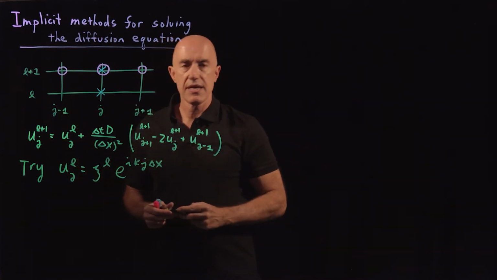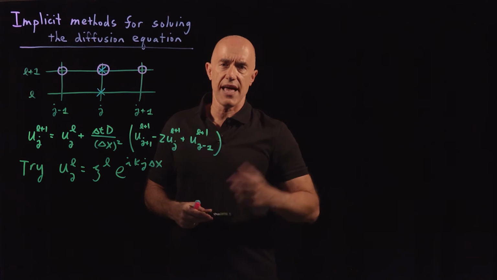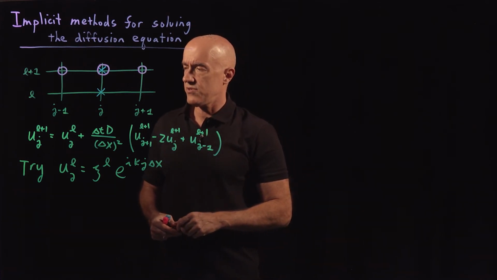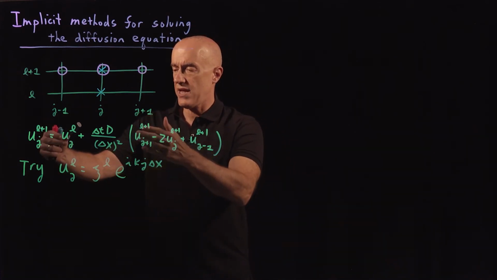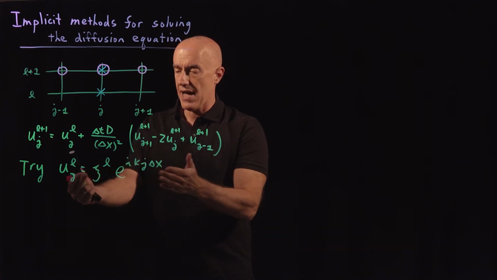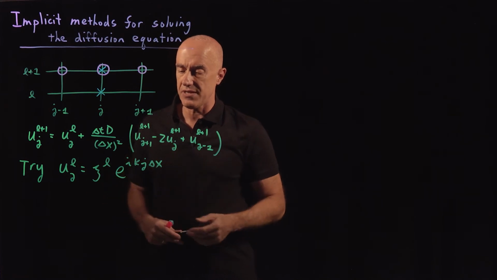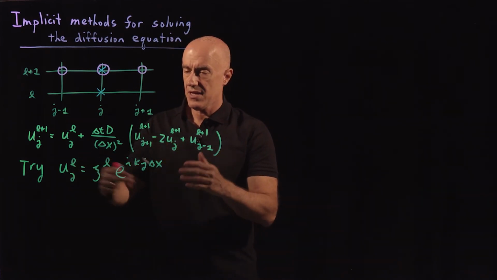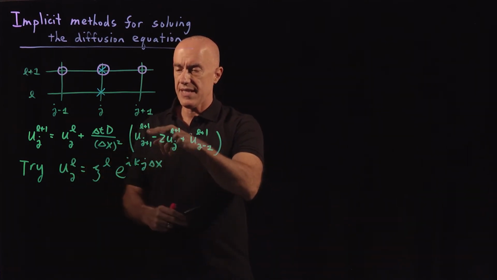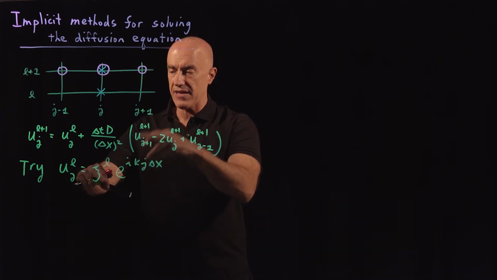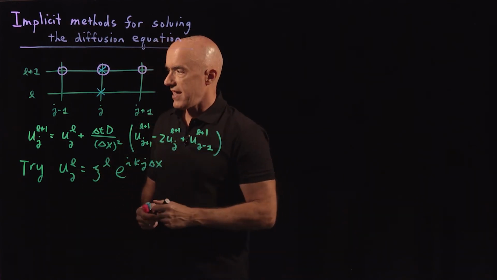Substitute in. It's the same algebra as the last video, so I don't need to repeat it. You substitute in. You divide through by this factor, psi to the L times e to the I k j delta x. The difference here is that you'll end up with an extra factor of psi on the right-hand side.